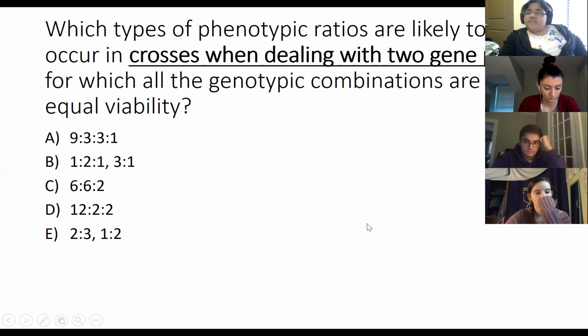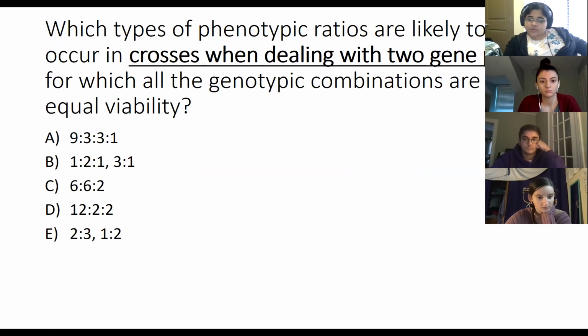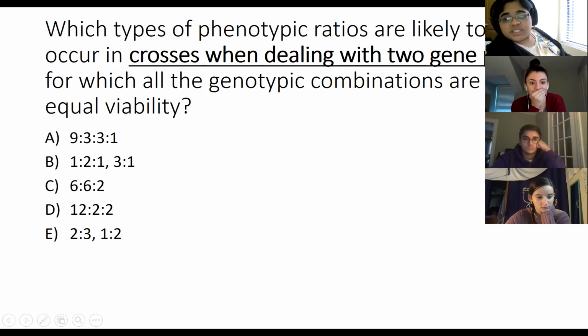Which types of phenotypic ratios are likely to occur in crosses when dealing with two gene pairs for which all genotypic combinations are of equal viability? What do you guys think? What's the key word in this to answer the question?